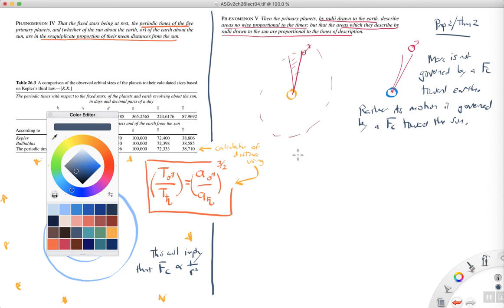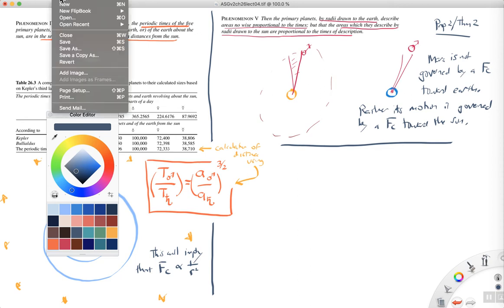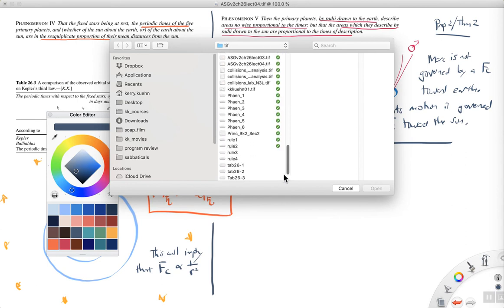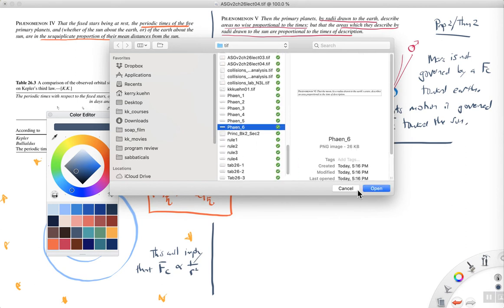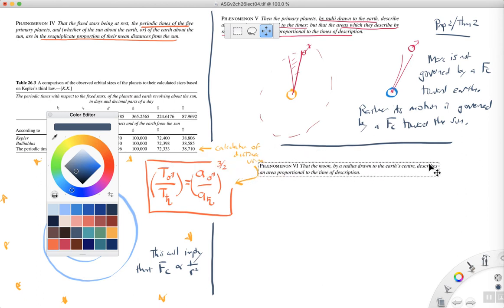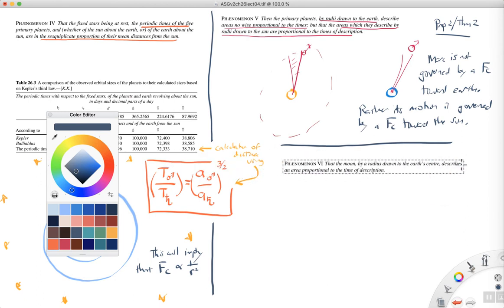That is what he's getting at in this phenomenon 5. I don't want to spend much more time on that one. I just want to roughly or quickly mention it. And then let me just say one other thing. Let me talk about his phenomenon 6. Okay, here it is. Phenomenon 6. I'll read it.